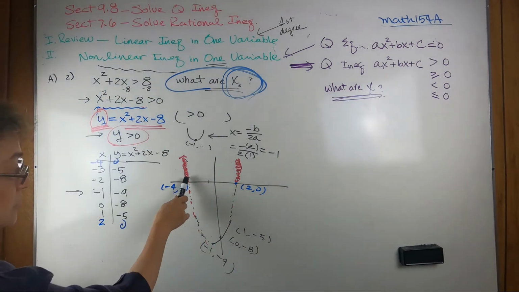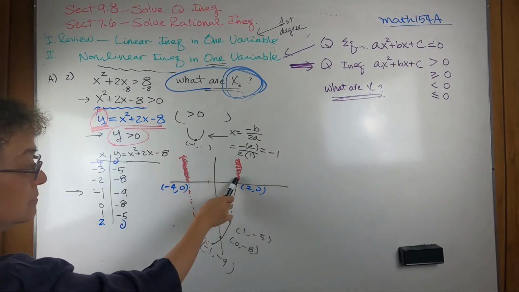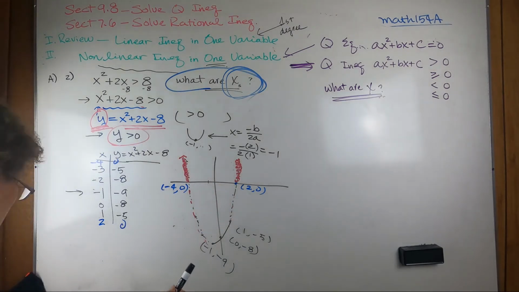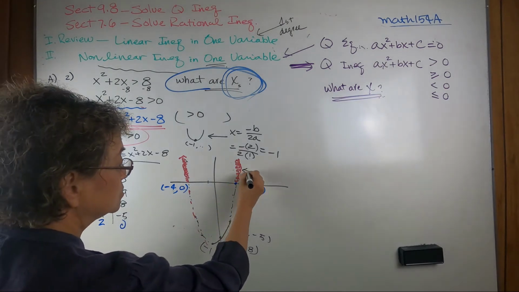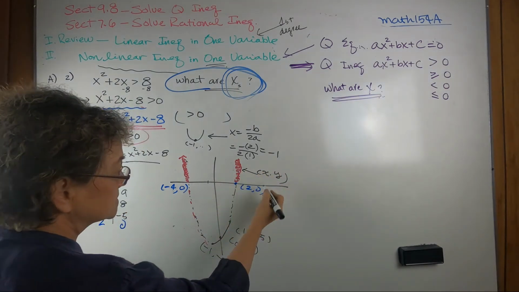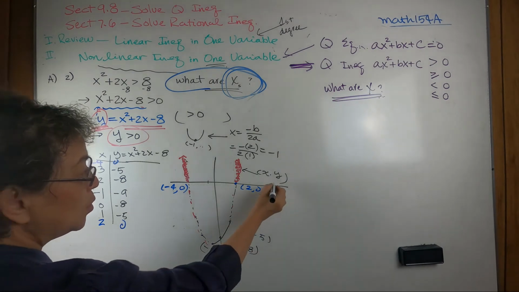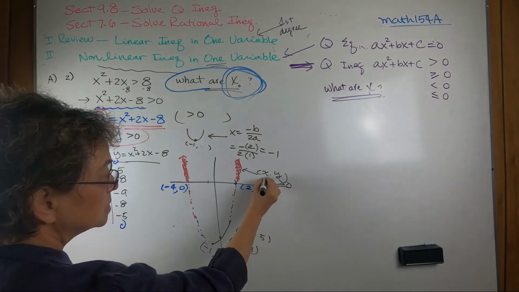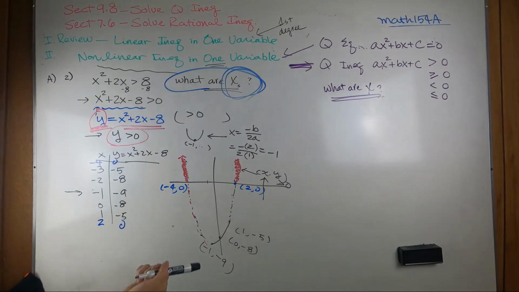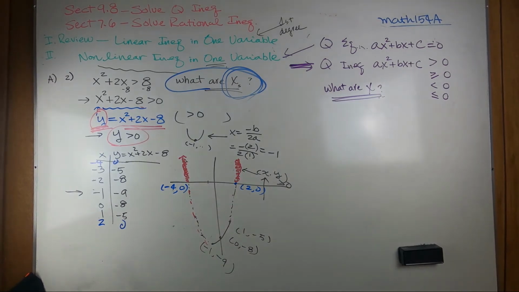That means for those y values bigger than 0, what's the x that will make it happen, right? So all here is what? X and y's, right? Then y is bigger than 0. What's your x? Just by looking at the picture, visualize it. That's what we are doing, right?